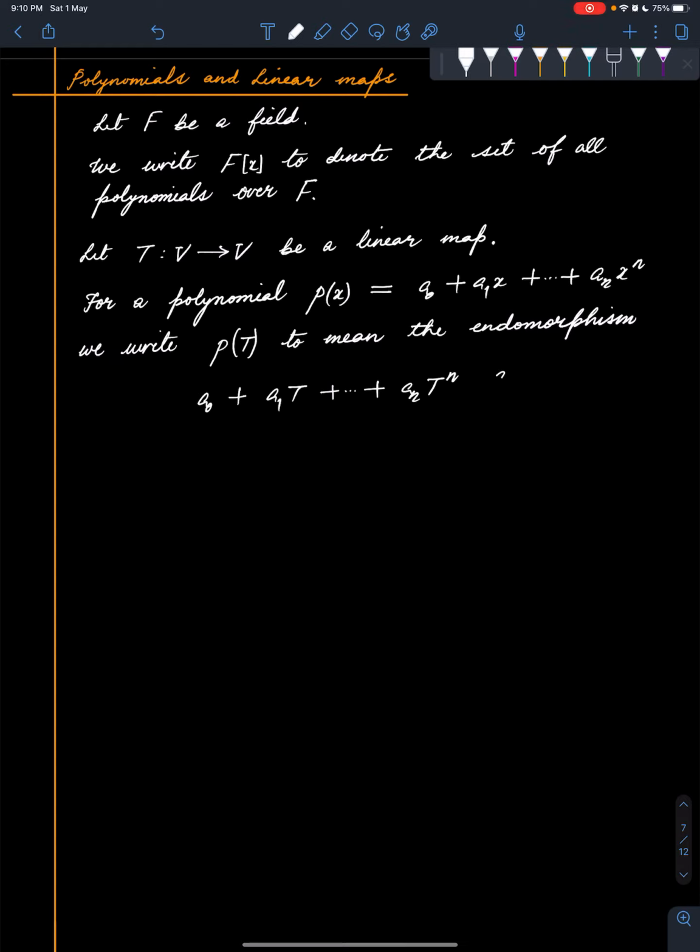So this is an endomorphism on V. Note, this is an endomorphism on V because T is an endomorphism on V. You just composed it n times. All of these are endomorphisms.